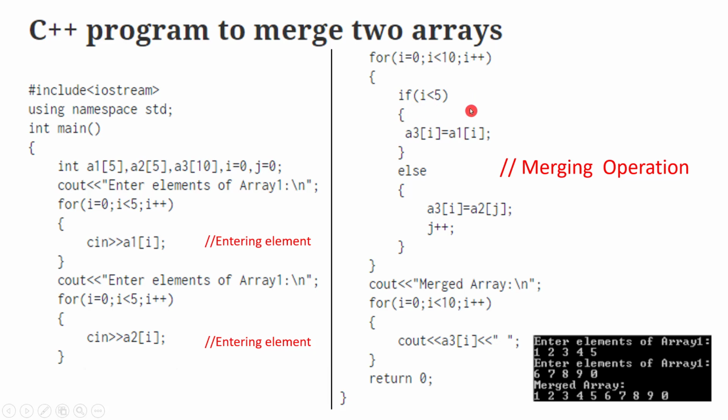Else, if the value of I is increasing from 5 onwards, it means 5 is not less than 5. So from the fifth position onwards, we have a3 I is equal to a2 J. It's very clear.